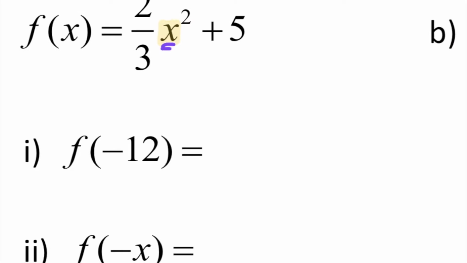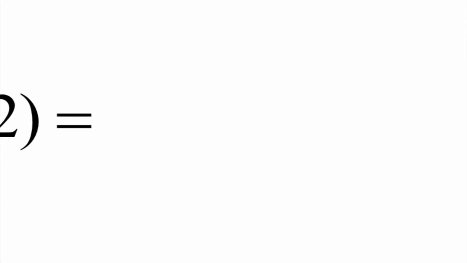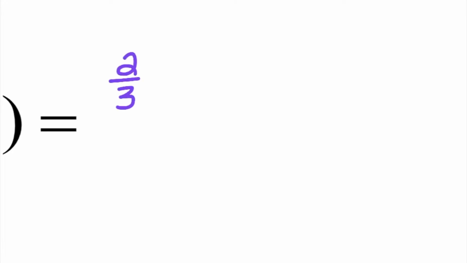So I'm going to take that -12 and substitute it for the x. I keep the 2/3, I substitute the -12 with parentheses because it's a negative number with an exponent, so that's going to be squared, and then bring down the plus 5.